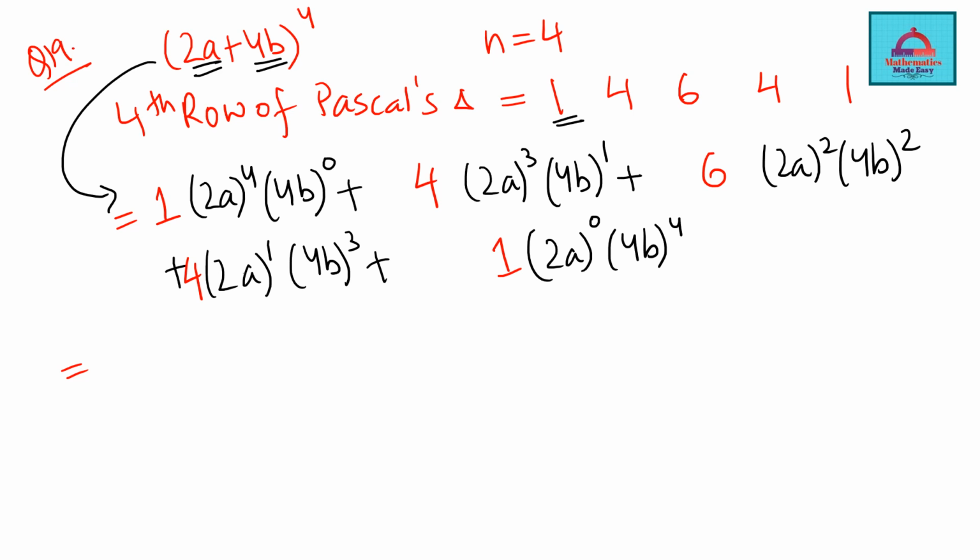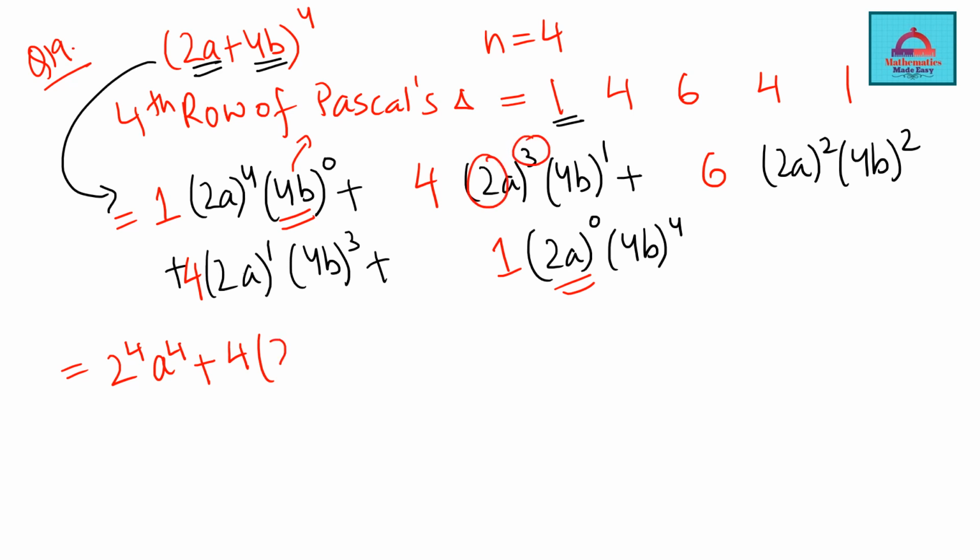So this is 2 to the power 4, a to the power 4, this thing becomes 1, this thing also becomes 1. So this is what is left, plus 4 multiplied with, this is 2 to the power 3.